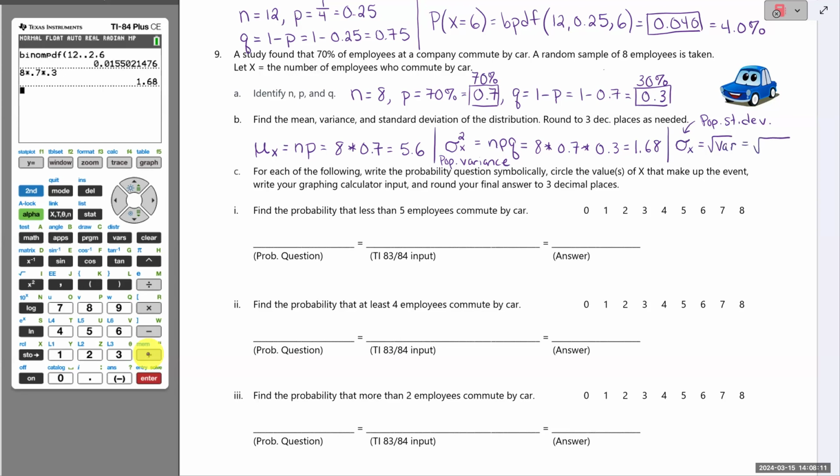So all we have to do is take the square root of the last answer, our variance, sigma squared, that we just found. On our calculator, square root of 1.68. And now we do have to round to our 3 places as needed. So 1.296.